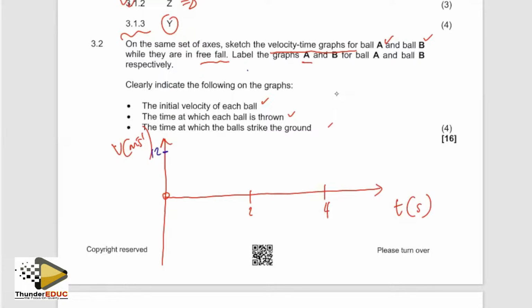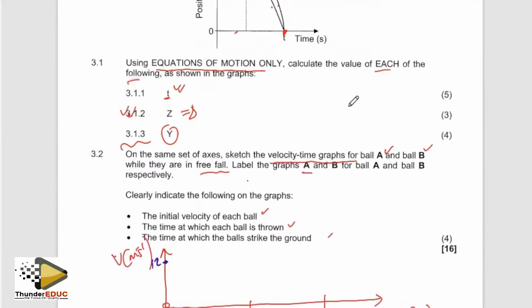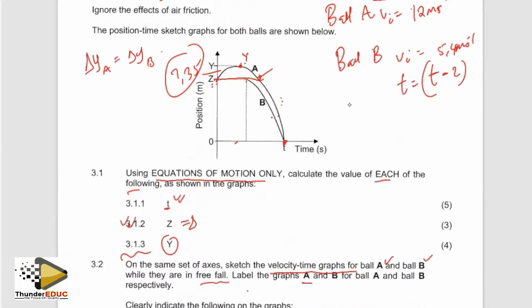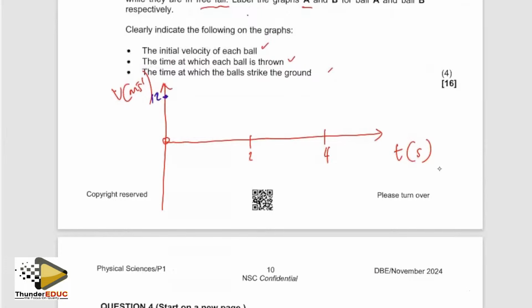So if that is our 12, I know that it will reach the maximum height around about this point, just before the other ball is projected. So which means before the 2 second mark, we can have it somewhere in that direction.